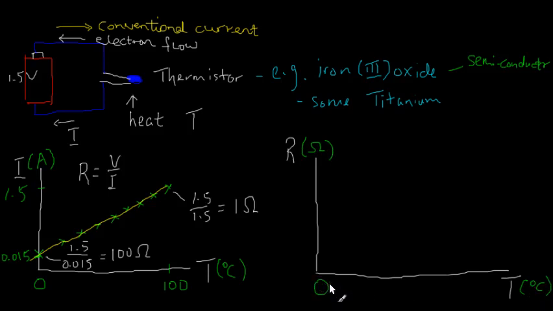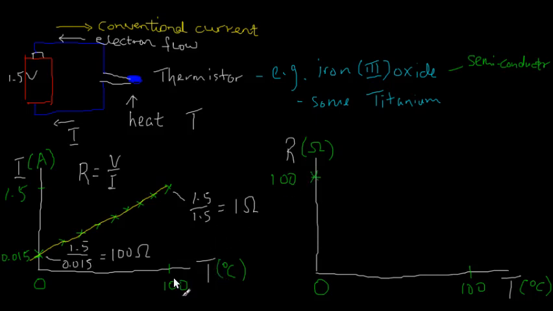The temperature range that I'm using here goes from 0 to 100. If I start by plotting the resistance at 0 degrees Celsius, the resistance there is 100 ohms. So that's up here, 100. So I have a point there.